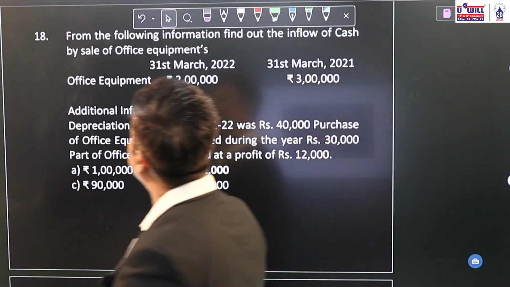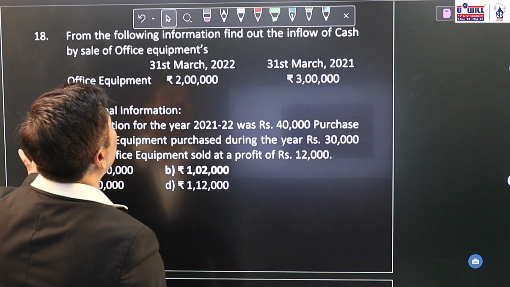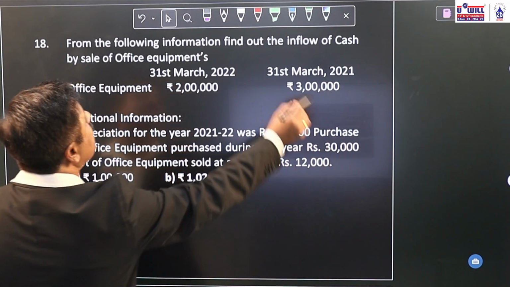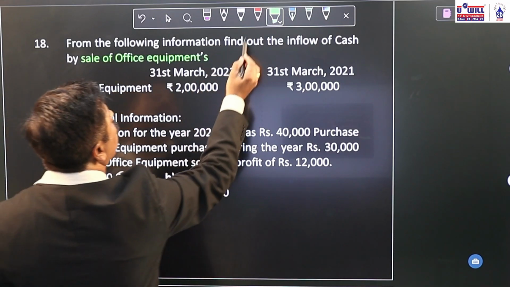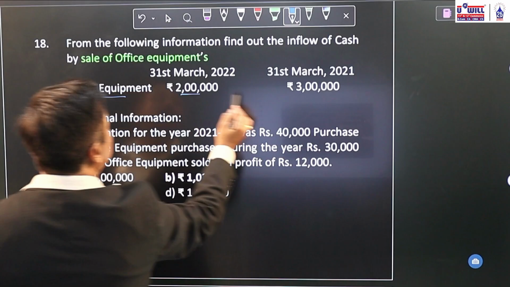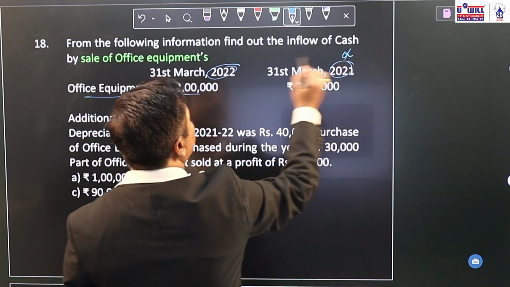Question number 18. From the following information, find out the inflow of cash by sale of office equipments. So we'll have to make the ledger account of office equipments. You all can see here office equipments. 22 means closing and 21 means opening.